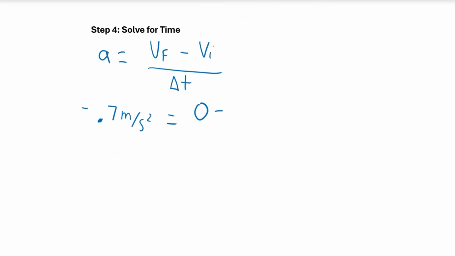So let's plug that in. 22.2 meters per second divided by delta t. All right, so now all we have to do is multiply by delta t.